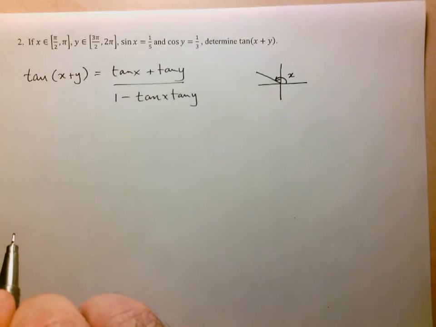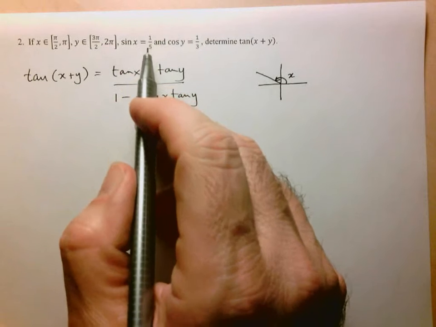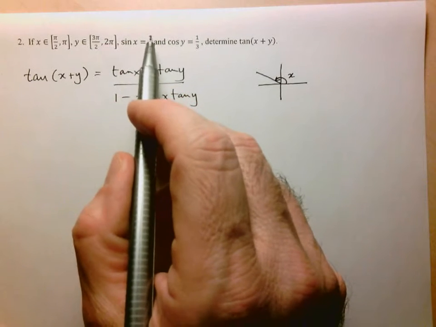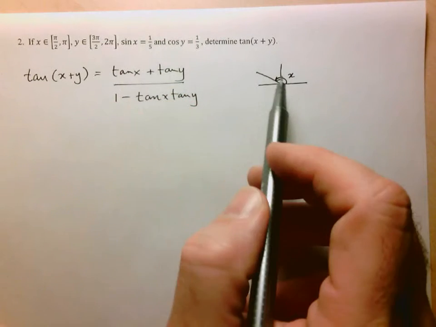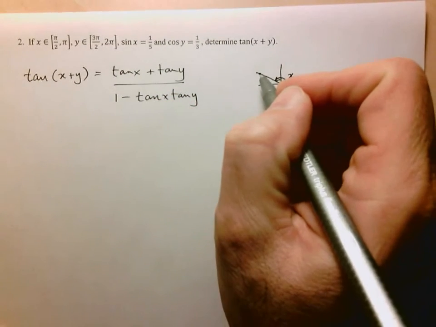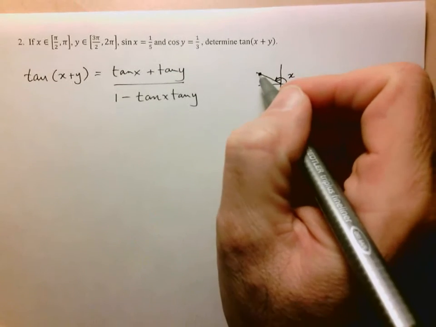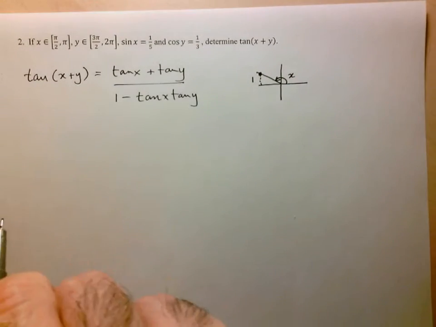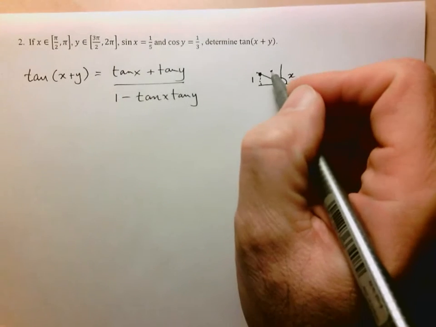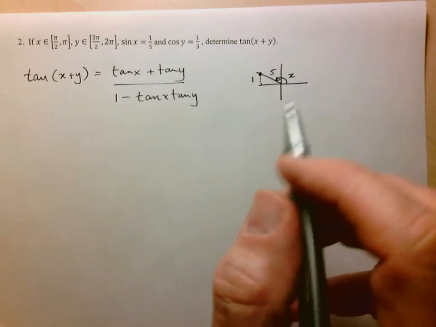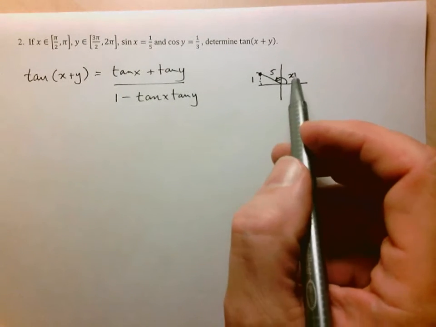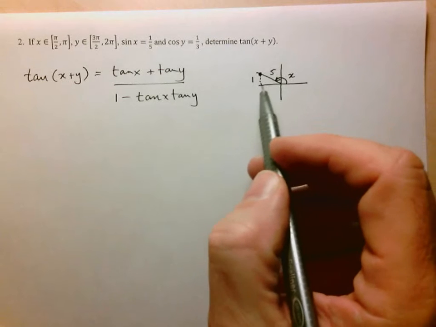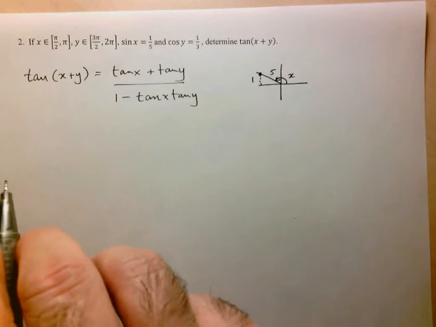What they tell us is that the sine of this angle is equal to 1 over 5. So think of the 1 as being the y value of a point on this terminal arm. I'm going to create myself a little triangle there. 1 represents the y value and 5 represents the r value. In order to determine the tangent of this angle, we need to determine this adjacent x side.